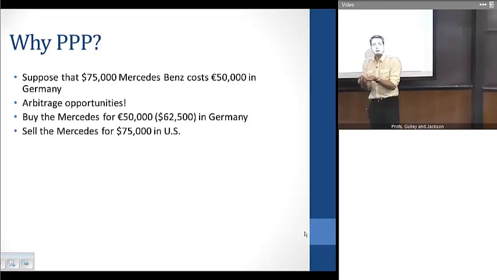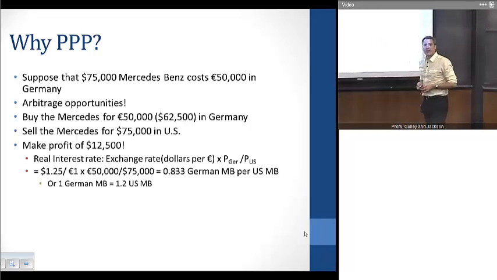And then assuming that we can costlessly import this vehicle into the U.S., we can sell it, remember, for $75,000. That's the going rate for Mercedes in the U.S. So what did we do? We bought the Mercedes for the equivalent of $62,500 in dollars, and we sold it for $75,000. So you make a profit of $12,500 for doing not much.